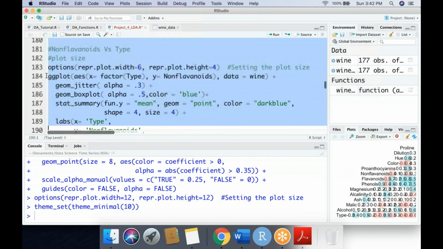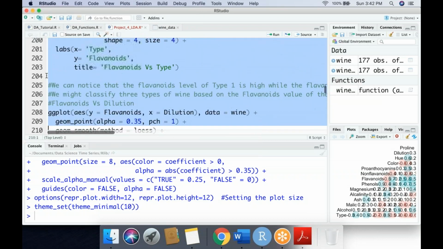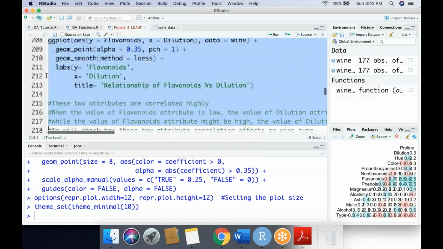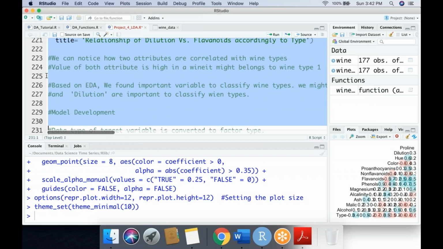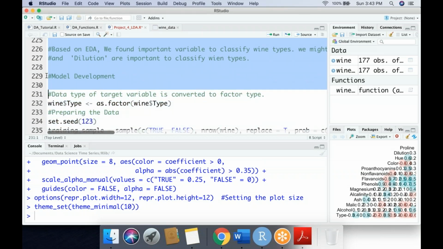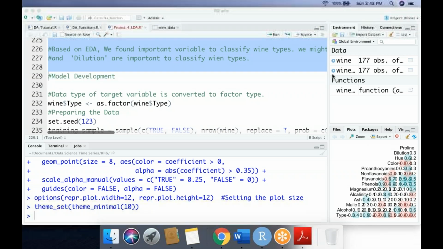In a similar way, we are going to run the bivariate plots with all of them. So you have got the code snippet.